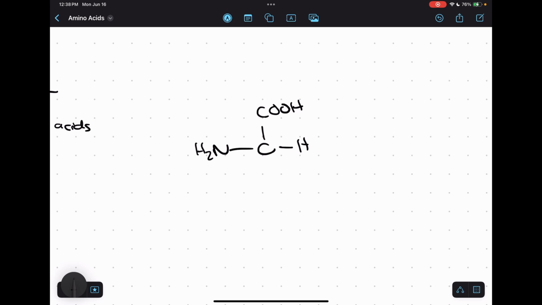And here's why. Whenever you have the carboxylic acid attached to the carbon in an amino acid, you want to have a good sense of what the different carbons are if it's attached to a chain of carbons. What does that mean? Let's take this as an example. Here we have the carboxylic acid up here connected to a bunch of different carbons down here.